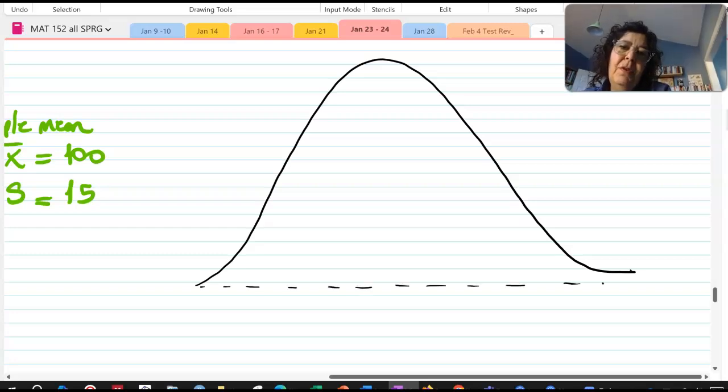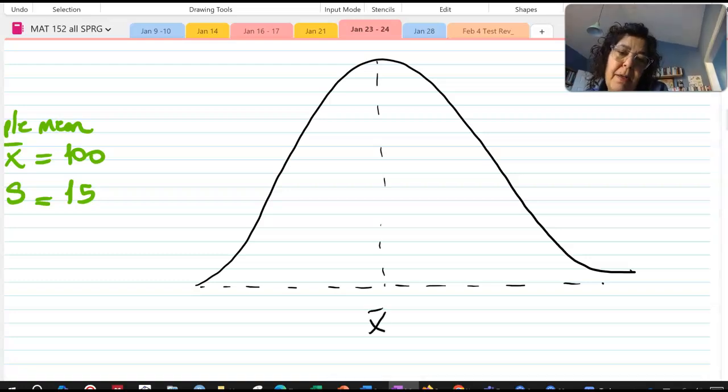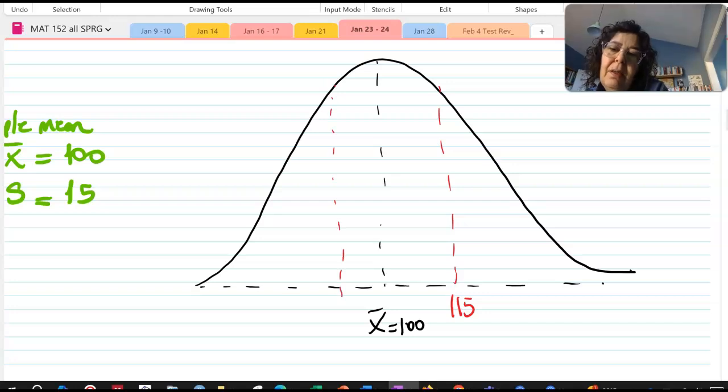In this bell-shaped distribution, we do have a sample mean, X bar, 100. And if we go up 1 standard deviation, that will be 115 IQ scores. If we go down 1 standard deviation, because standard deviation was 15, 100 minus 15, that will be 85.